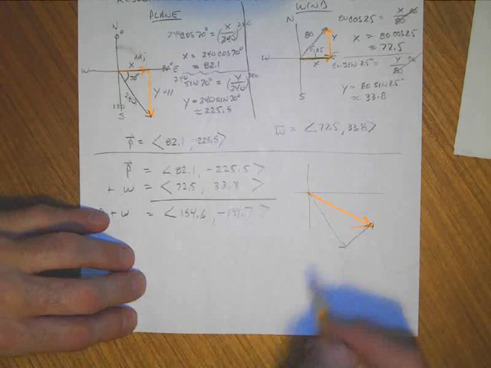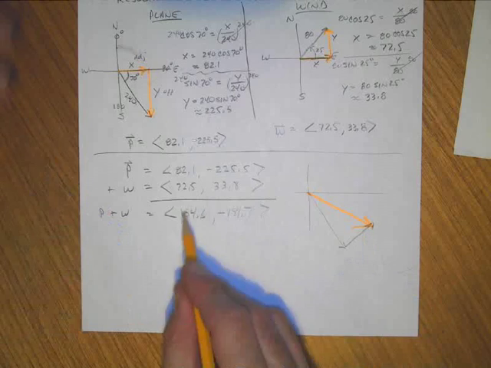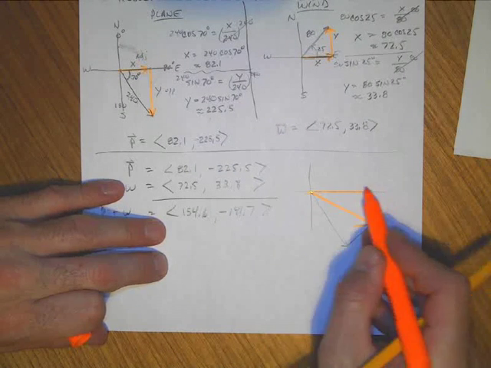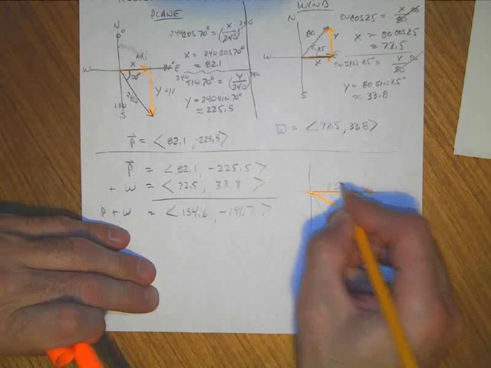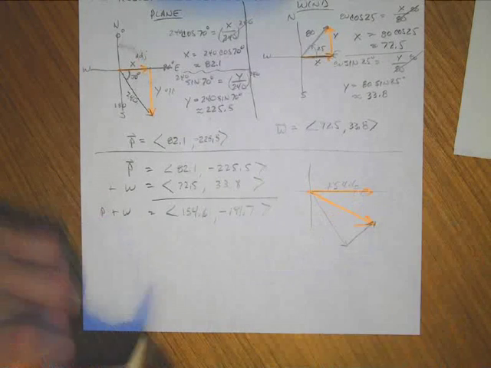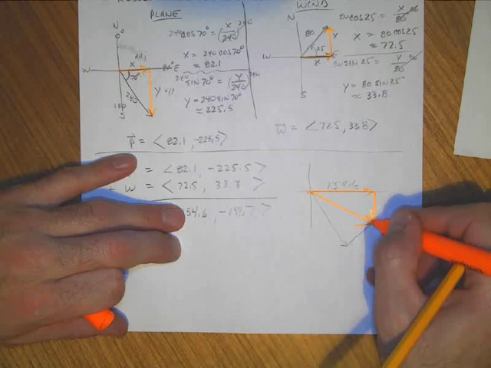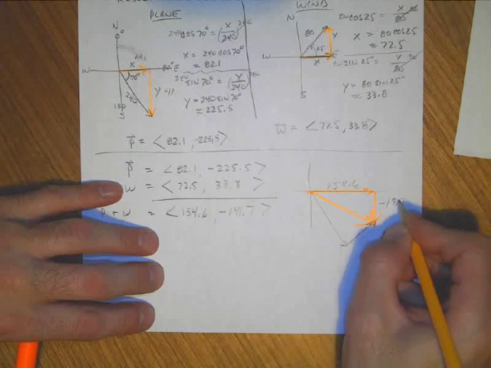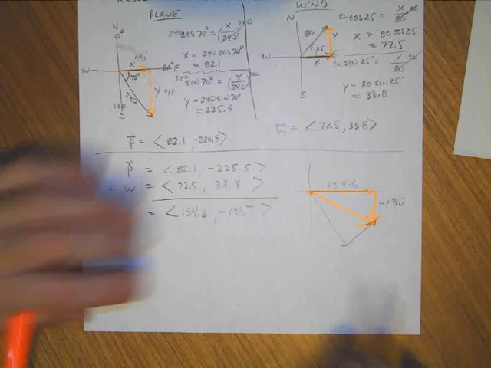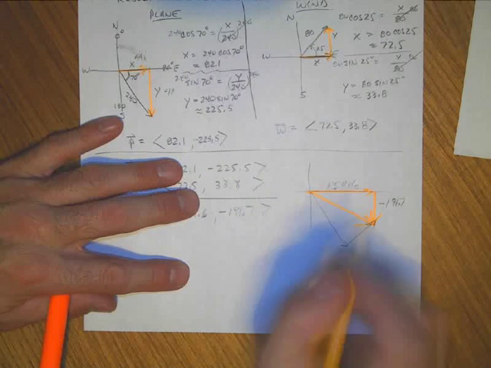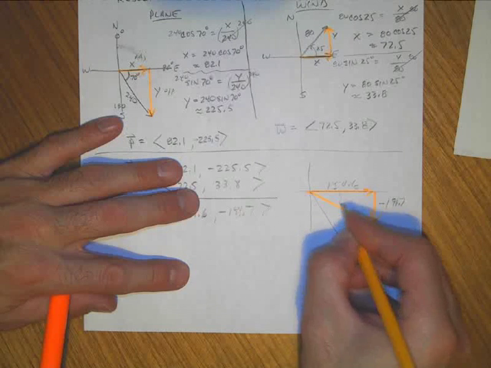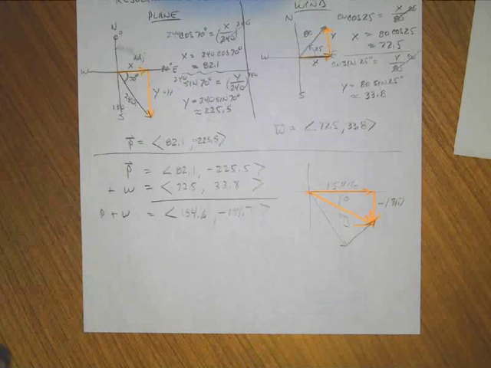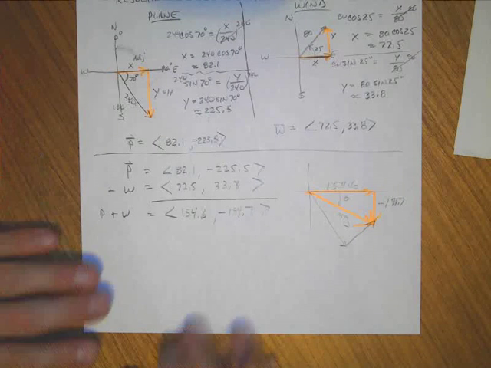And so we know to get to that point, according to our matrix addition, we're going to go 154.6 in the x direction and in the y direction we're going to go negative 191.7, and we want to find initially this angle and that magnitude. So that's what we're going to do next.